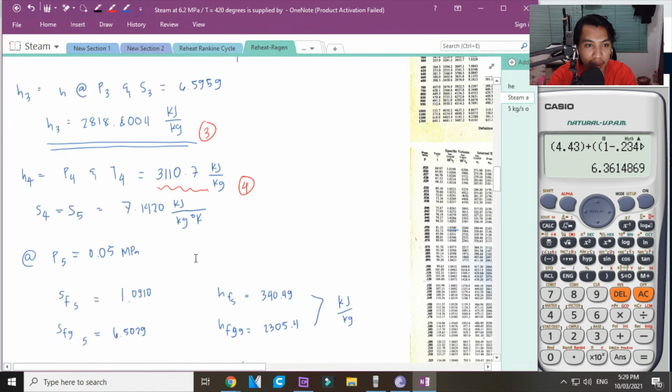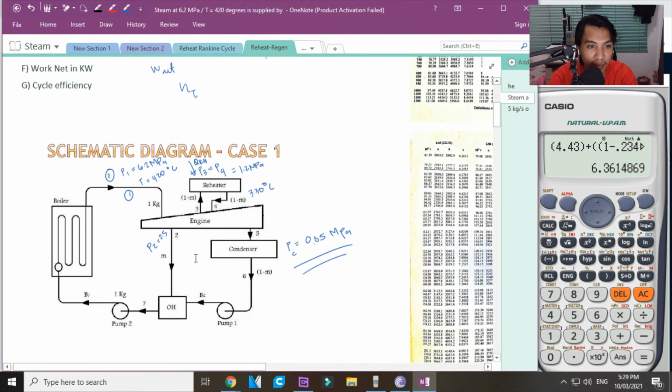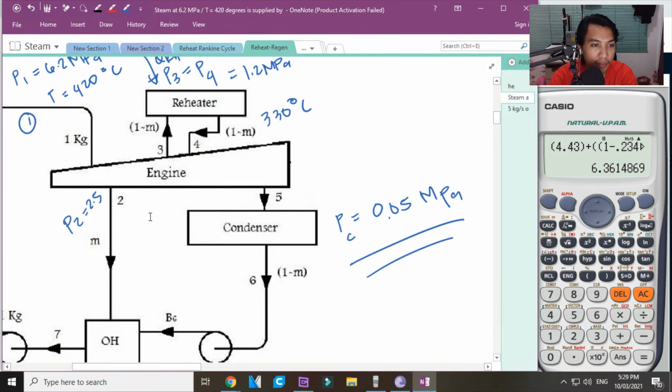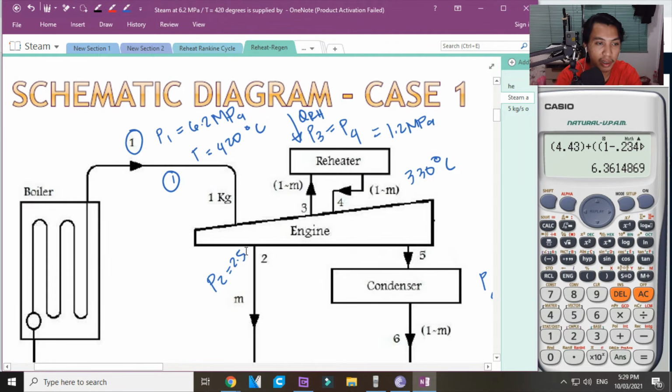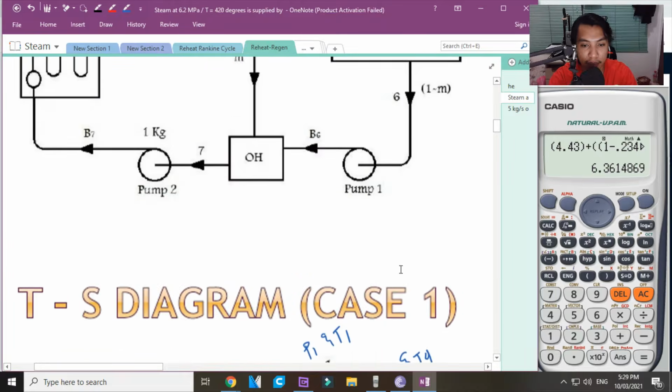Tingnan natin. Lahat ng pumasok, bilugan natin. Okay, red tayo, pumasok. Si 1, si 4. Ang lumabas, lagyan natin ng blue: si 2, si 3, and then si 5. I-check natin yung nasa baba.